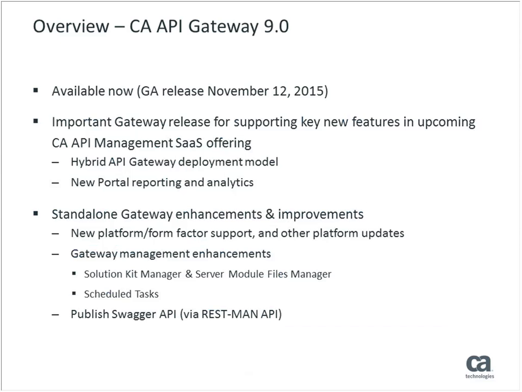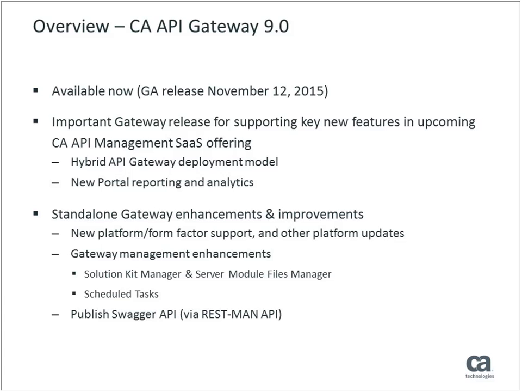So the CA API Gateway 9.0 is a new major release that delivers a number of new platform and gateway management enhancements and improvements, such as the introduction of a new platform form factor, as well as a couple of new gateway management interfaces, including the Solution Kit Manager and the Server Module Files Manager, which I'll talk about in a little while.